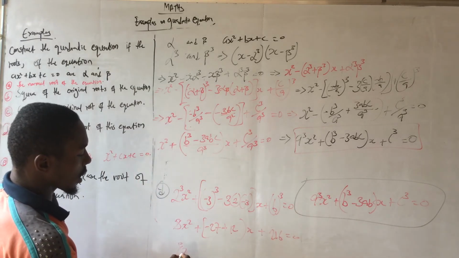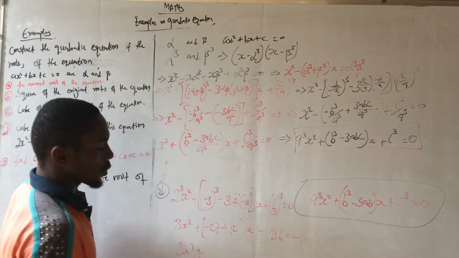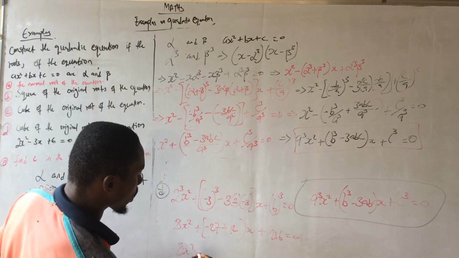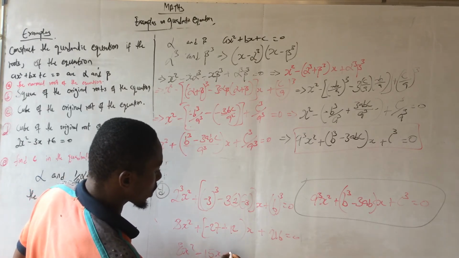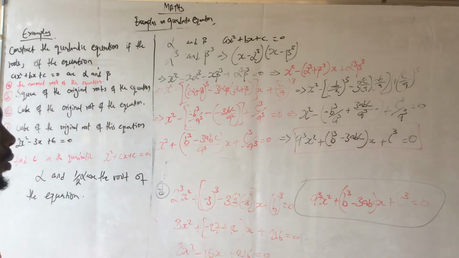So now this is 8x squared, then plus 27 minus 15... this is going to give us minus 15x plus 216 equal to 0.